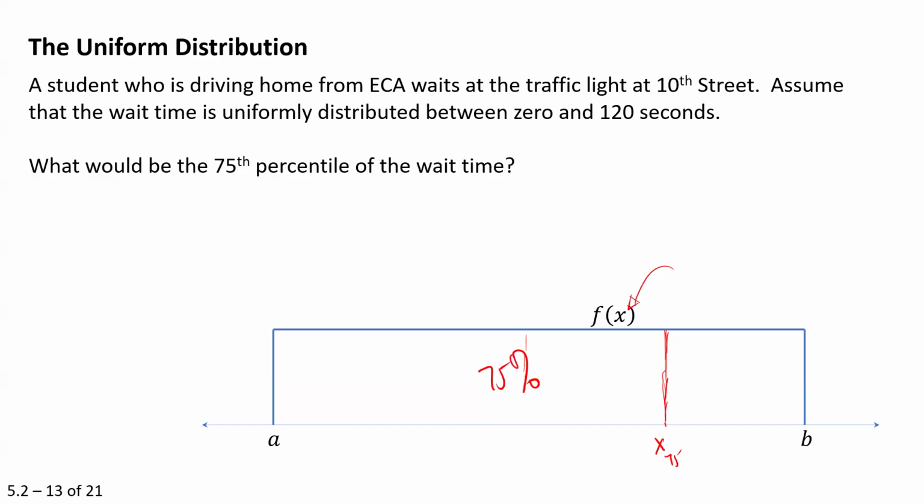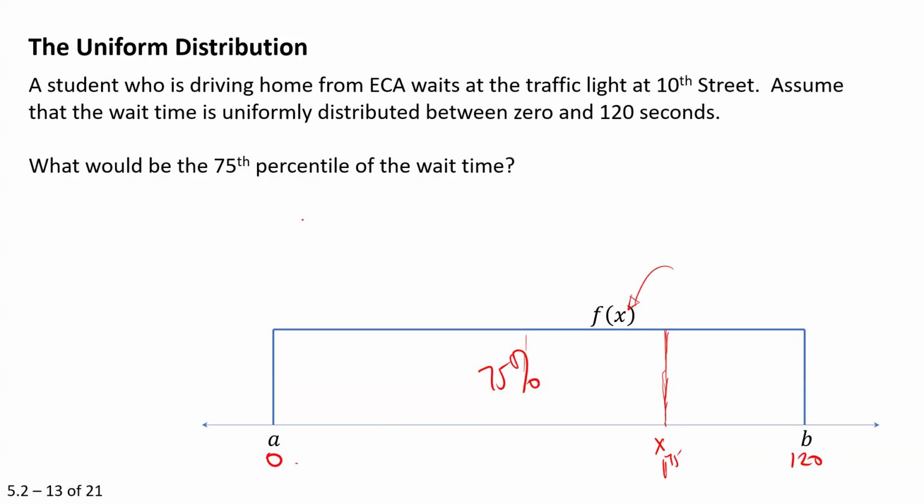Well, let's write this down here. Let's see. We've got 0 and 120. So that tells me that from here to here, this has got to be 75% of 120. What's 75% of 120? How do I find that out?